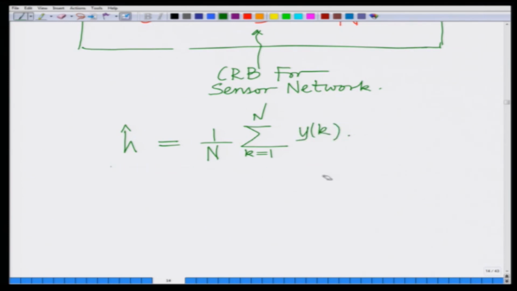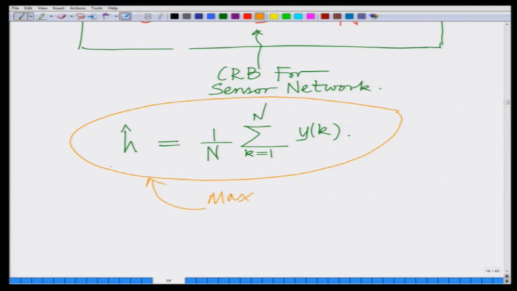This is basically your maximum likelihood estimate for the wireless sensor network.